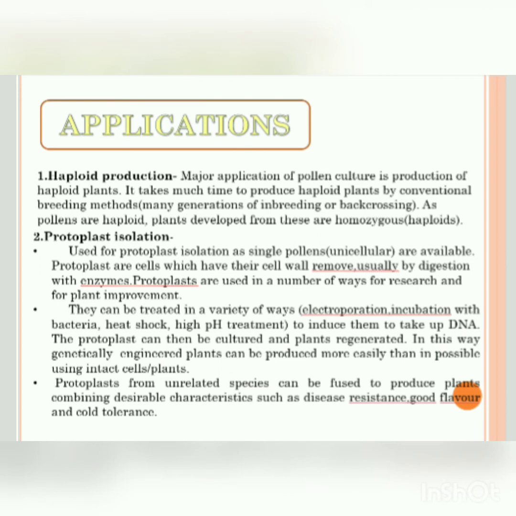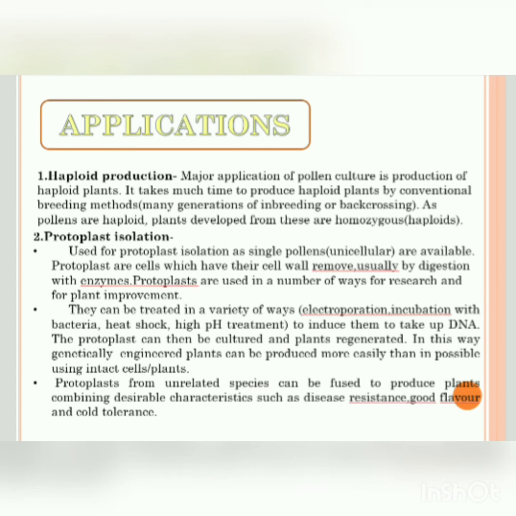Protoplast isolation is possible because single pollens, which are unicellular, are available. Now what is a protoplast? As we are studying, protoplast isolation is one of the applications of anther and pollen culture. Protoplasts are cells which have their cell wall removed, usually by digestion with enzymes.